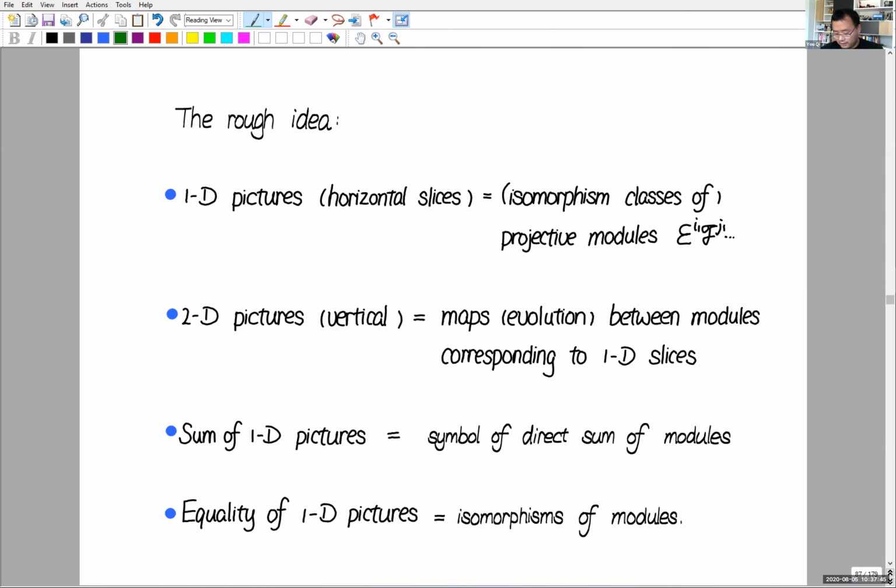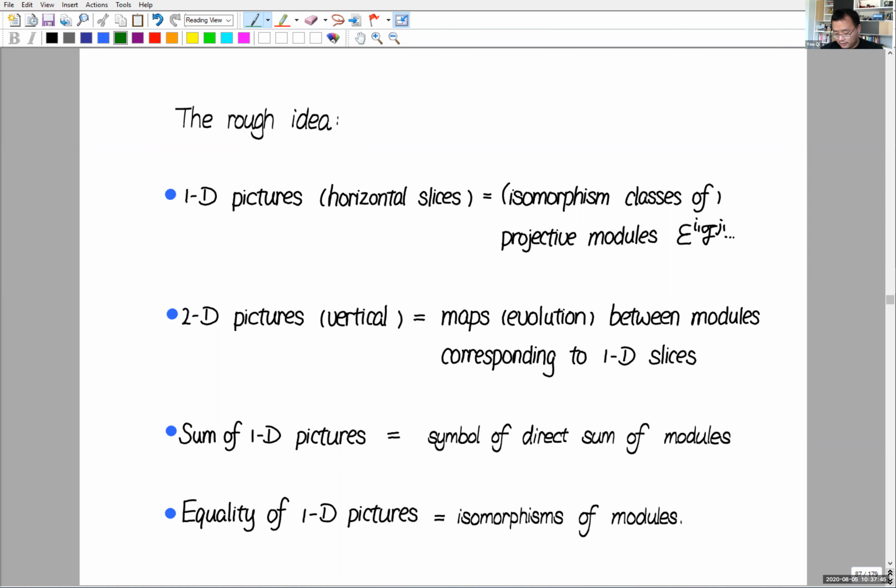As in our general philosophy, EF now becomes a projective module. So these are all the things that have the algebra on top of it. This is a top module, if you want to think about it, or left module, if you turn your head 90 degrees. So EF becomes the horizontal slice, the bottom slice of all the pictures below.